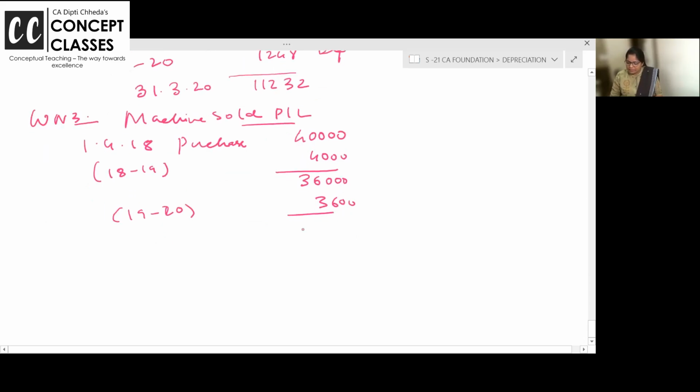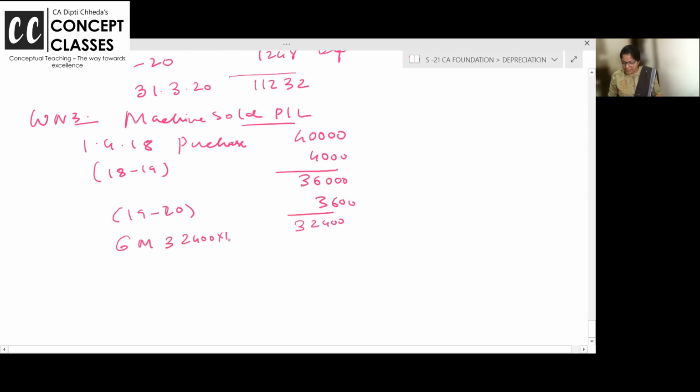3,600. So you are getting 32,400. Now in 20 it is sold in September. So what you will do is charge half year's depreciation, 6 months depreciation, on the WDV.